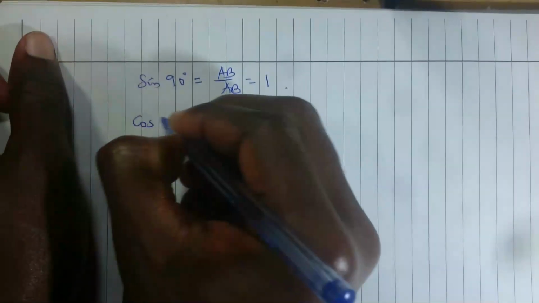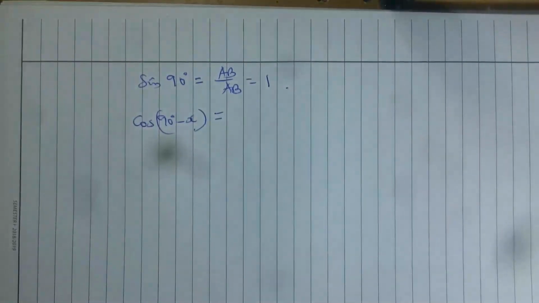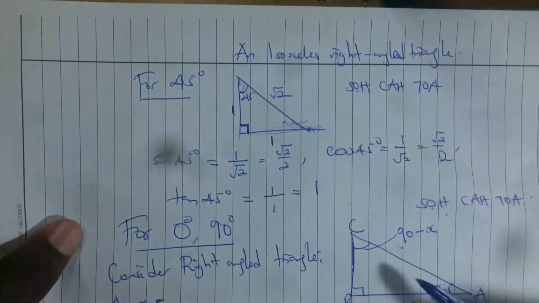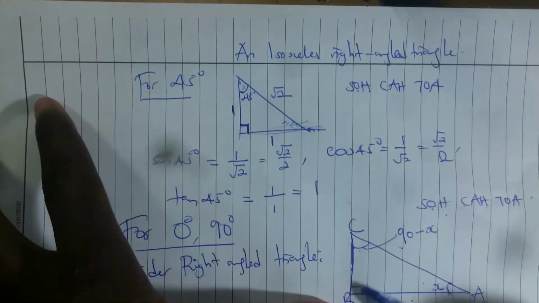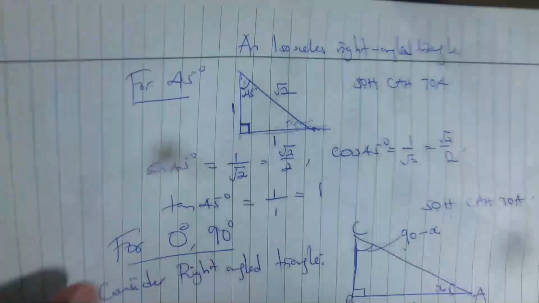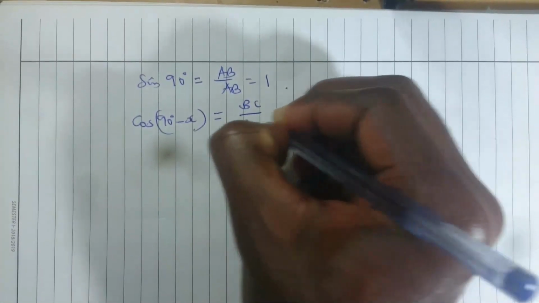Let's check for cos of 90 degrees minus x, which is adjacent out of hypotenuse. Here, adjacent is this side now, so hypotenuse is that. That is BC out of AC.